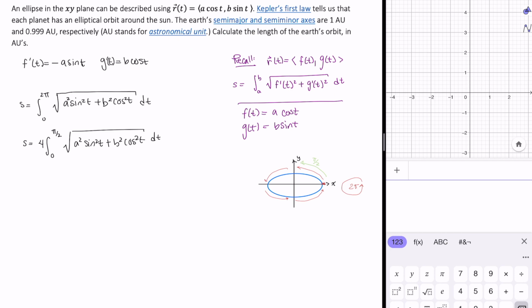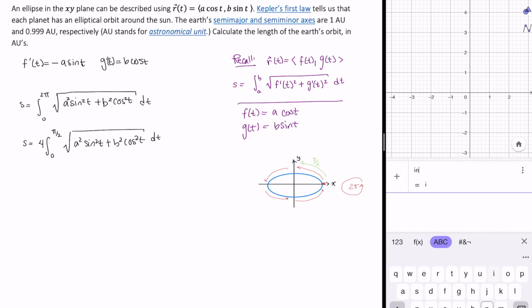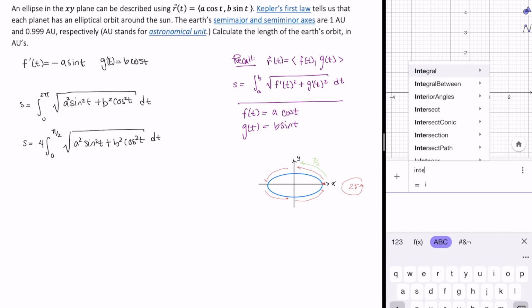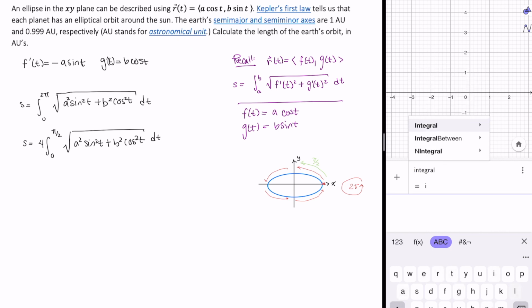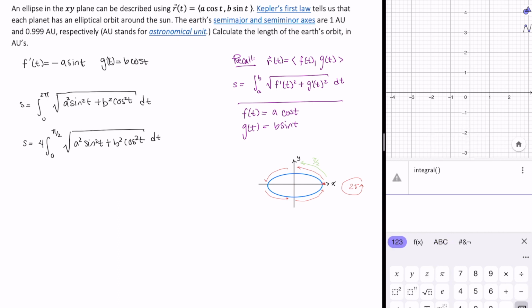Okay, so I'm going to type in int, for integral. This is the square root. Before I go any further, this is 4 times the integral from 0 to pi over 2.